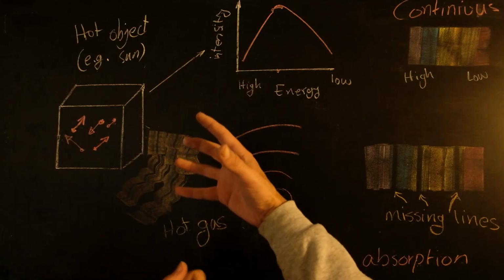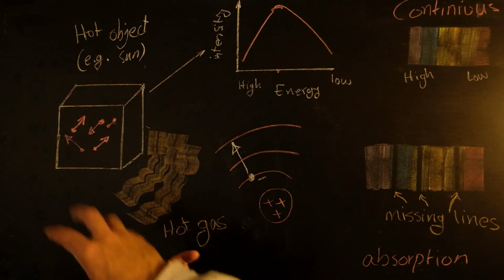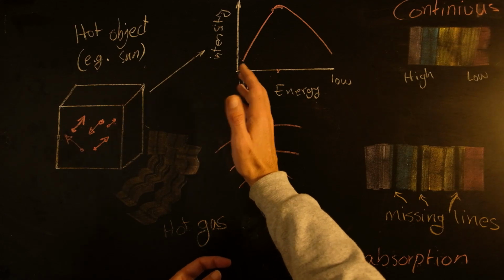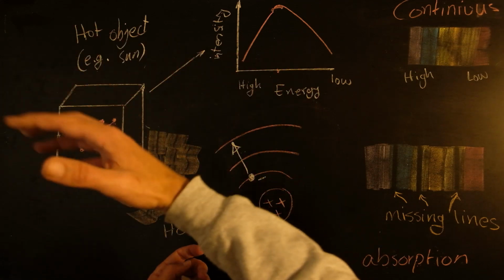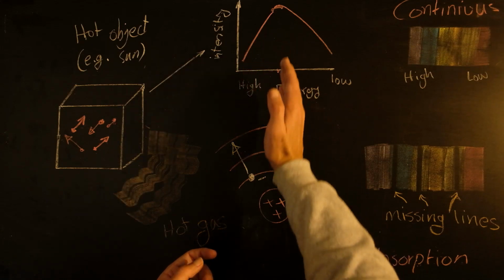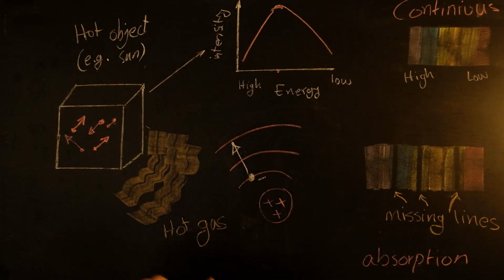But we also have small fraction of particles moving faster, and these particles can produce higher energy. So we also have higher energy in this spectra, but it's not as intense as our average energy. At the same time, we have particles with lower energy. These particles are moving slower.